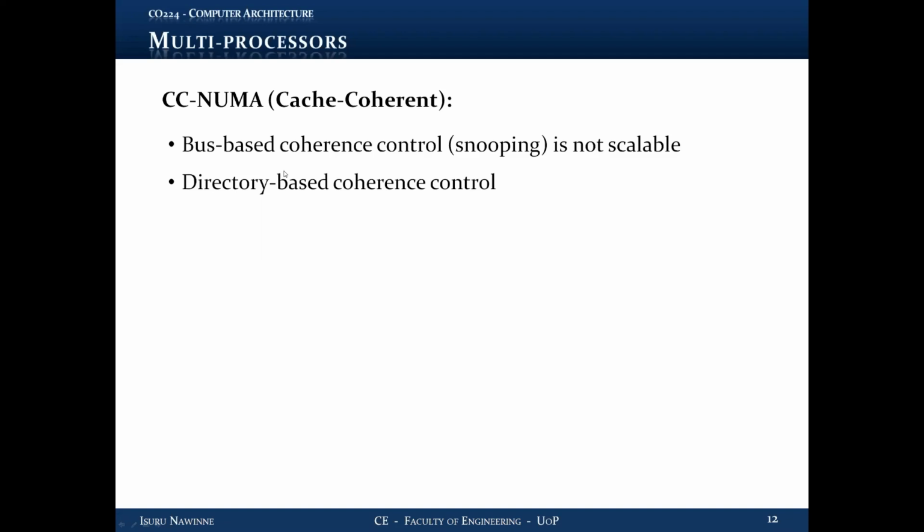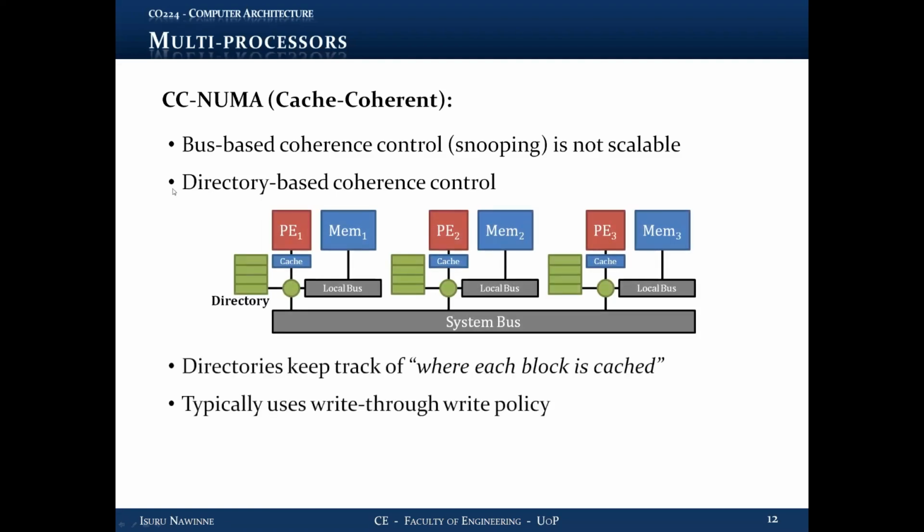If it's bus-based, then you can use other technology to replace buses to increase the scalability, but it is still limited. So in this CC NUMA system, what we use is called a directory-based coherence control mechanism. It's a different technique to bus snooping. In directory-based coherence control, we have something called a directory associated with every node in the system, every cache in the system rather.